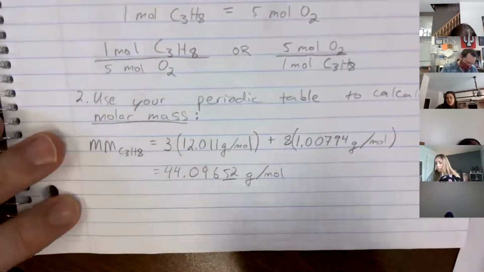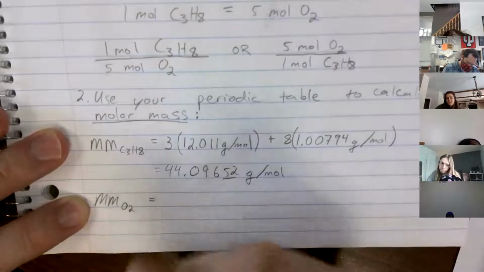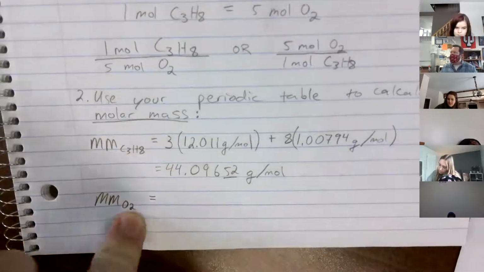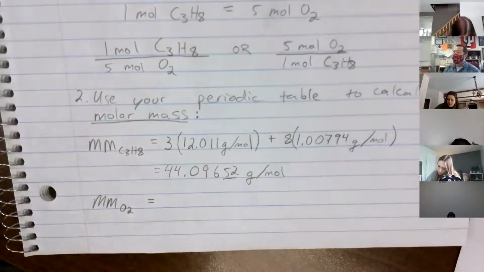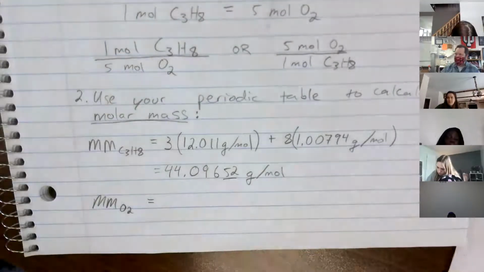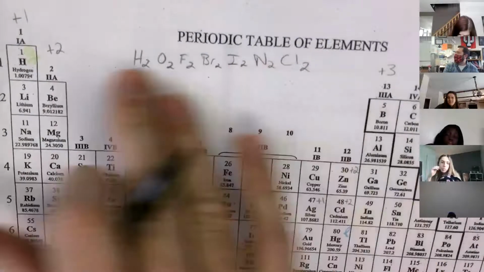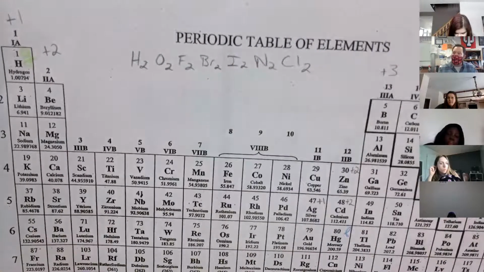But we've got to do the same thing for oxygen. Hey, diatomic, super, super important. If you have not memorized your diatomics yet, please at least write them down somewhere where you're going to see them all the time. You need to know your diatomics. They're important last chapter.